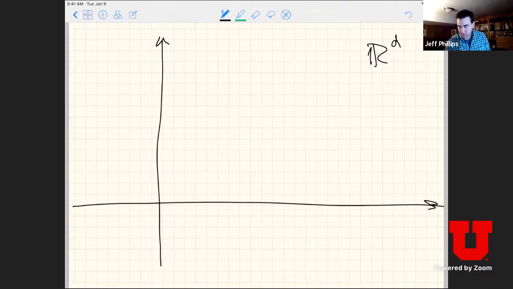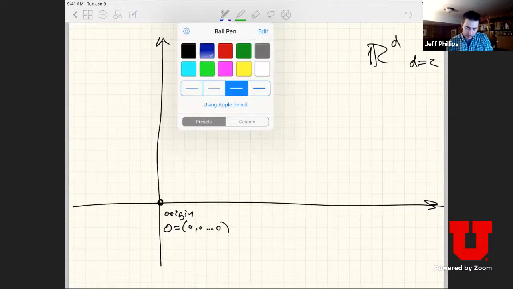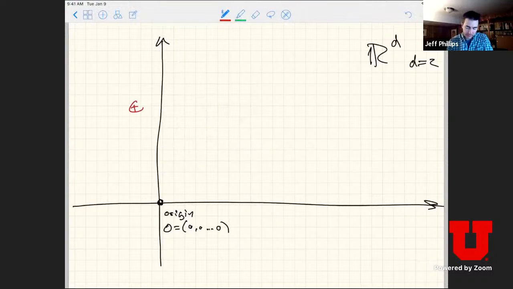So this is the origin, which is the all zeros vector. Then we're going to have some data points in R^d, and we're going to have two types of these data points. We're going to have the positive data points. These are the plus ones.